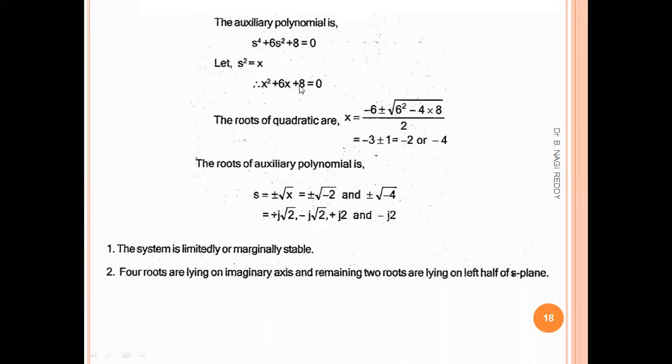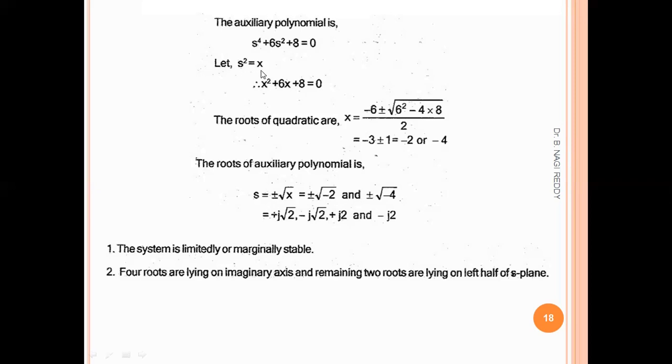Okay, using that formula, this x value can be determined. So you can substitute these values here and find the roots of x, which we initially got as minus 2 or minus 4, because plus or minus is there. So two roots we got because this is a quadratic function. But we have to calculate the roots of s, not x.